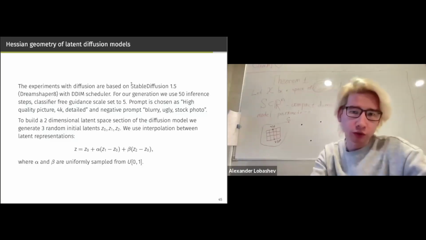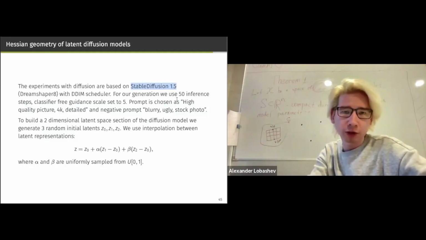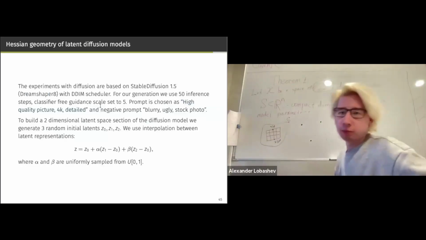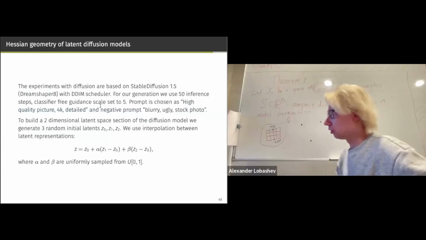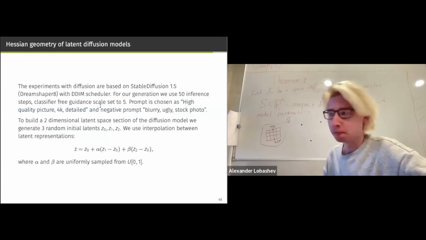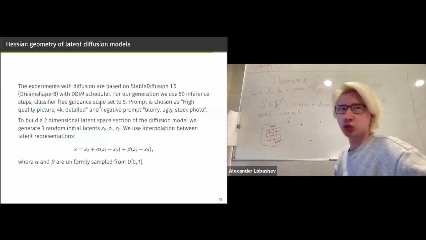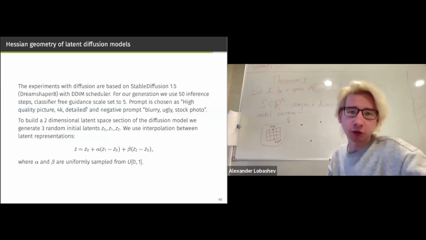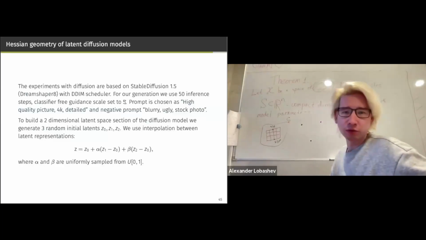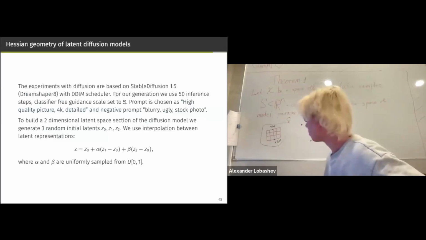And we choose the Stable Diffusion 1.5 architecture, and we choose some generic prompt, which is "high quality picture" without any specific details, to study how this Fisher metric behaves in the case of samples which can come from a lot of different modes, because we assume that this prompt gives rise to a very multimodal distribution.